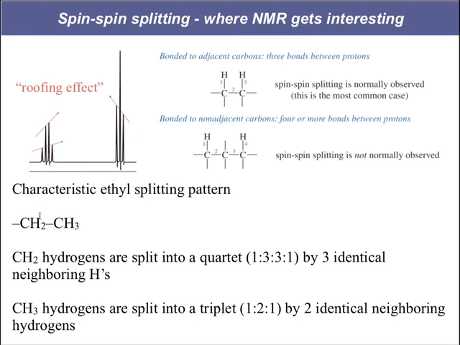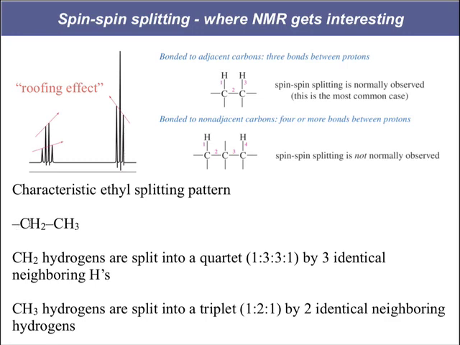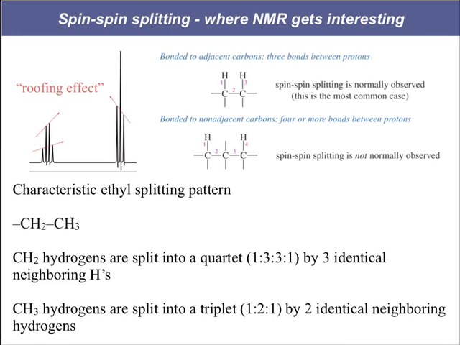If we've got some ethyl group, 2 hydrogens here next to 3, those 2 are going to split into a quartet, being next to 3. So there's our quartet. Then we've got 3 on our methyl that are next to 2. So being next to 2, those are going to split into a triplet.